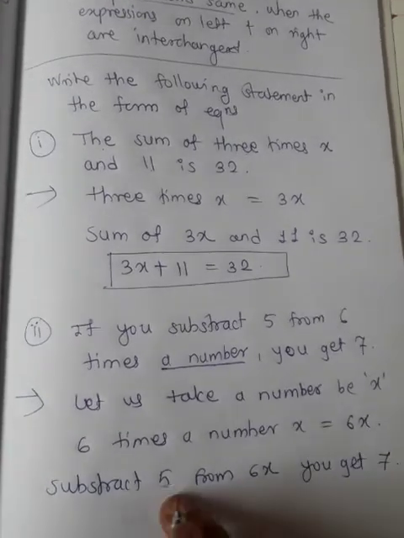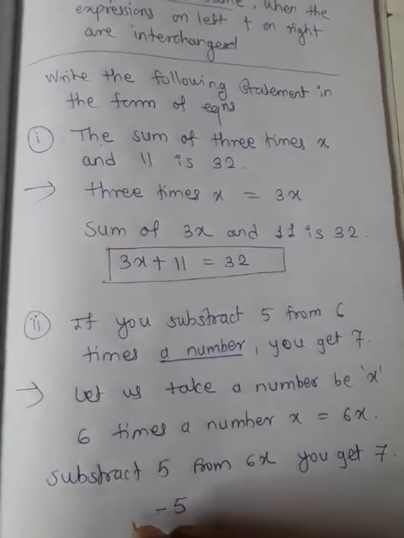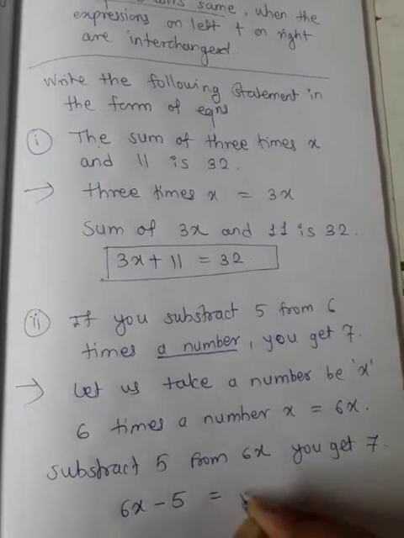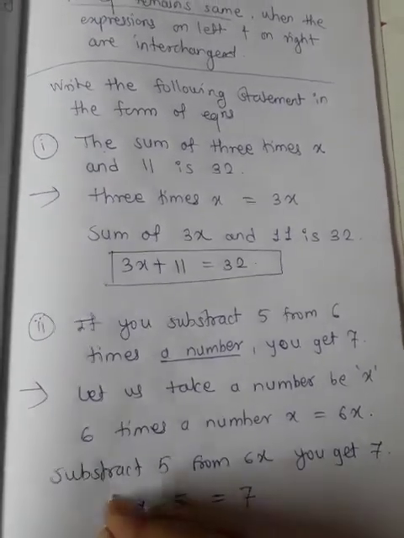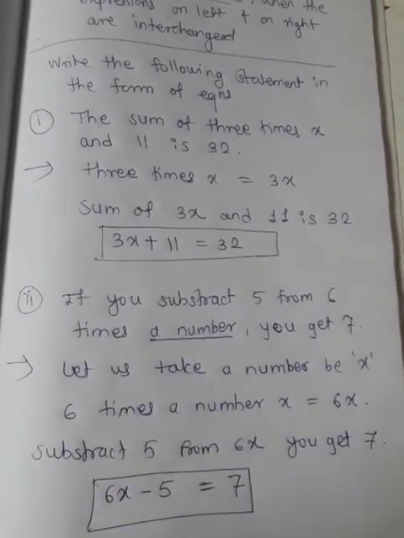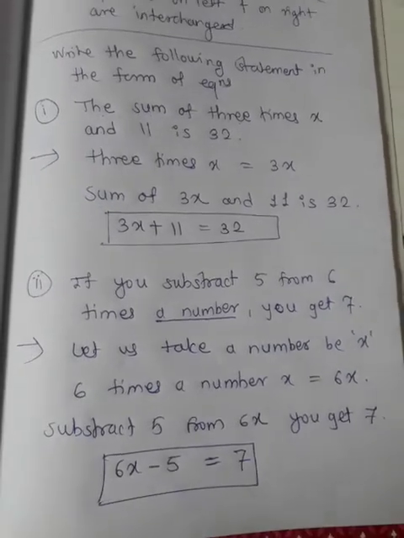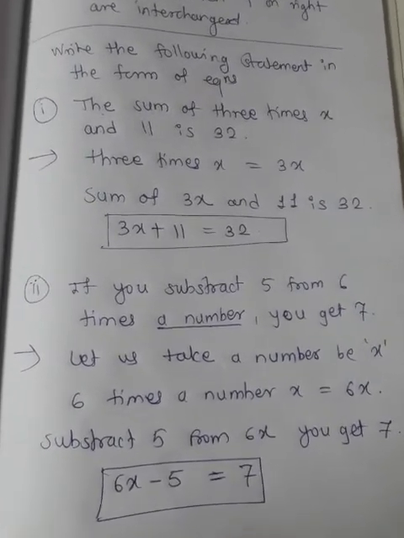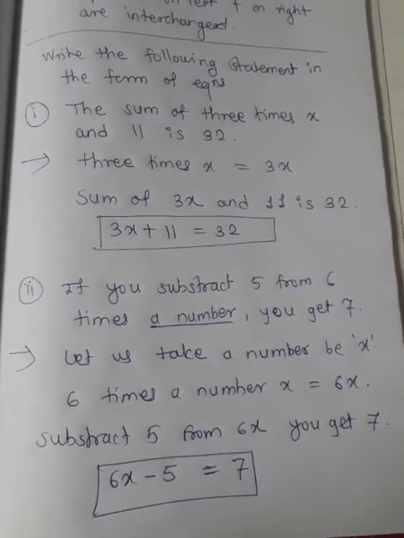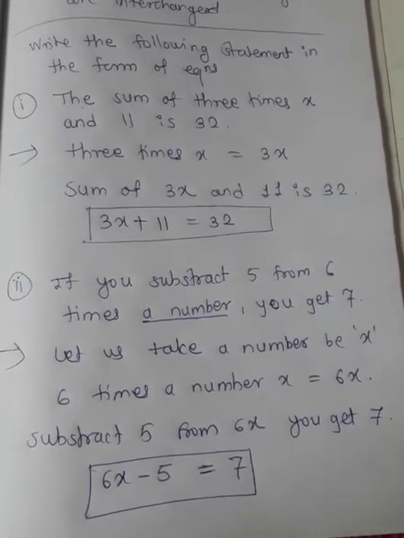Means subtracting 5 from 6x gives you 7. So the equation is 6x minus 5 is equal to 7. So as like this you can convert any statement into the form of an equation.